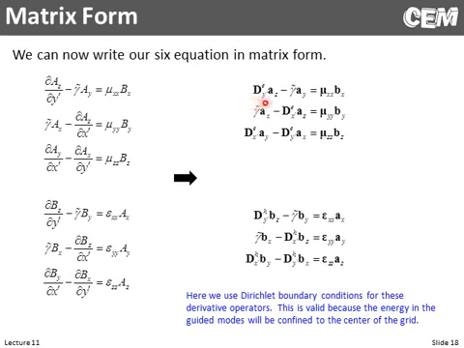We recognize our derivative operators. These are banded matrices. So this is going to perform a first-order derivative in the y direction of the a sub z component. Our mu sub xx, hopefully we'll recognize, is going to be a diagonal matrix. A diagonal, but it'll be a square matrix, multiplying this column vector.